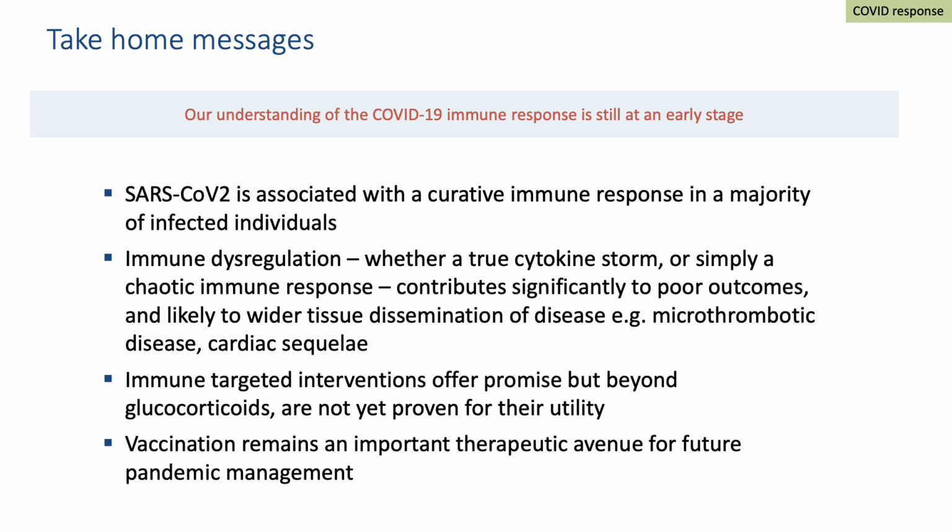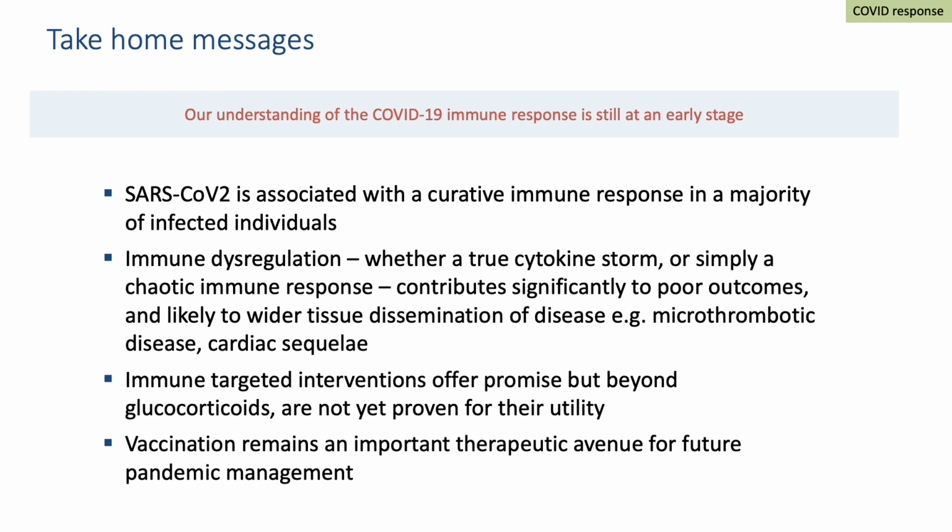But what I've described to you is a disease of immune dysregulation. Now, I don't know if it's a true cytokine storm in the dogmatic definition that is formed of that following the CAR T-cell story, or whether what we're really seeing is simply chaotic immune dysregulation following an insult with a background of comorbidities, obesity and others that lead to generalized immune dysregulation.